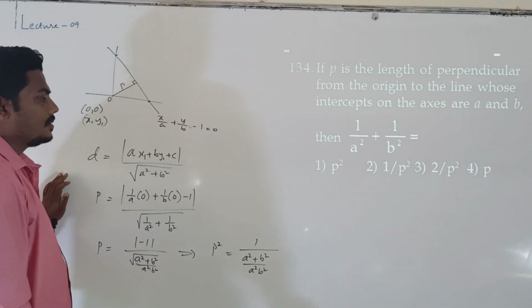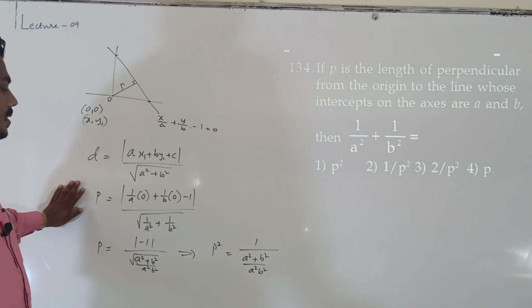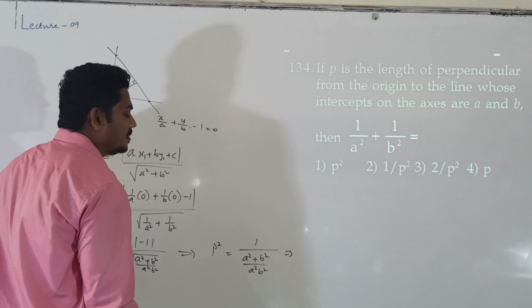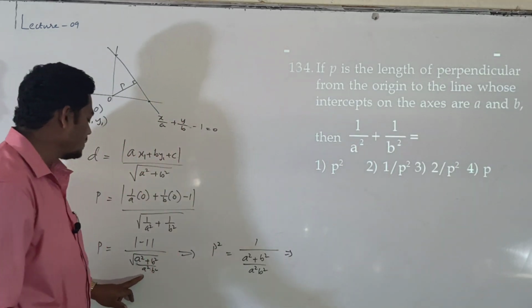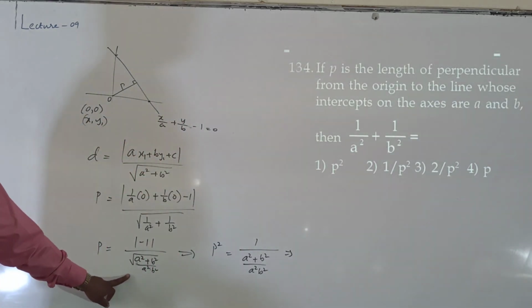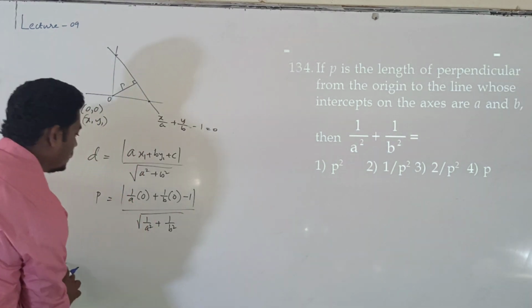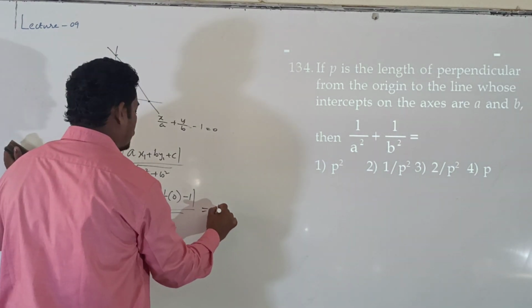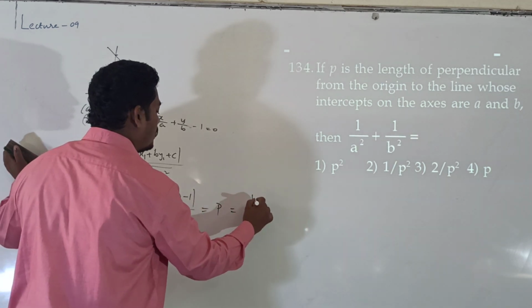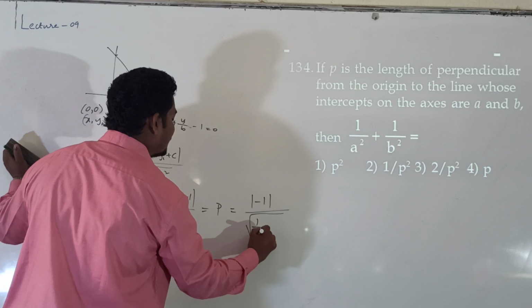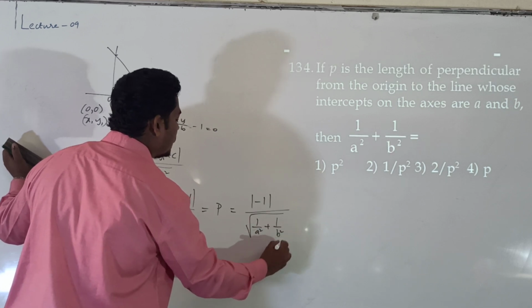Or else simply it will be 1 by a square plus 1 by b square, no need to simplify, right. P is equal to modulus of minus 1 divided by square root of 1 by a square plus 1 by b square, right.